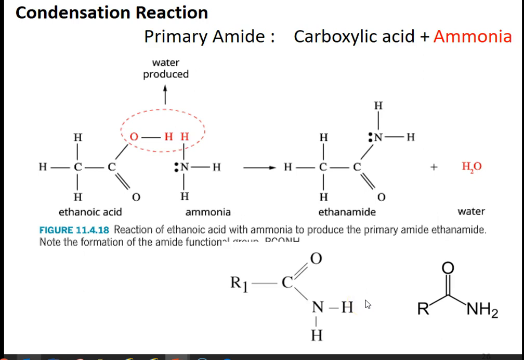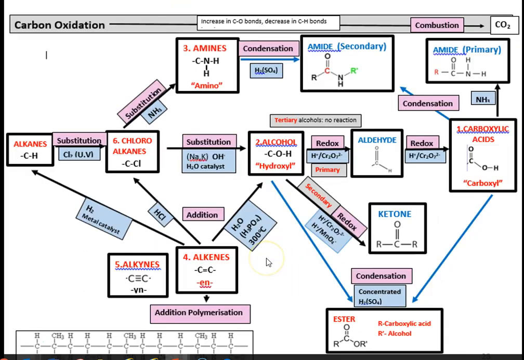Okay, back to this one. So that's our ester, alcohols and carboxylic acids, making an ester. You can also do amines and carboxylic acids to make an amide. So instead of an ester link, this was a carboxylic acid, so instead of a COO, you've got a CON for the amine.